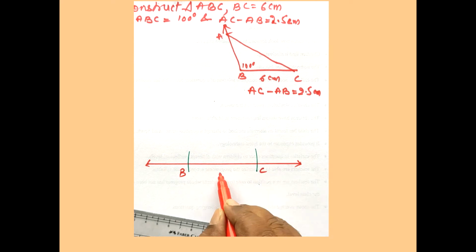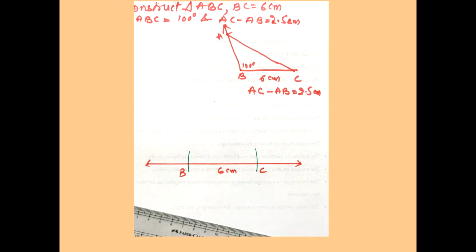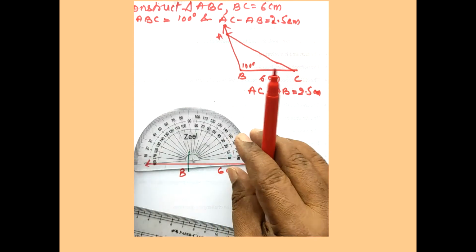Name it as B and C. Write down here 6 centimeter. Then with the help of a protractor, I will draw an angle at B.